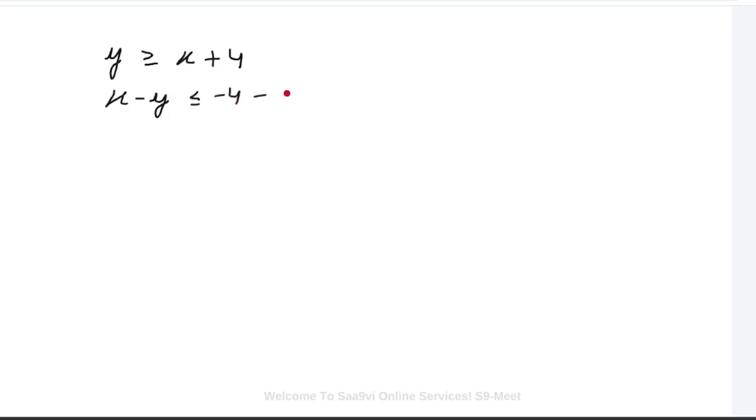Now this is the linear equation that we have. And if I take the points for the xy plane, if x is 0, then y should be 4. And if y is 0, then x should be minus 4. So on the basis of these 2 points, we can draw a line.